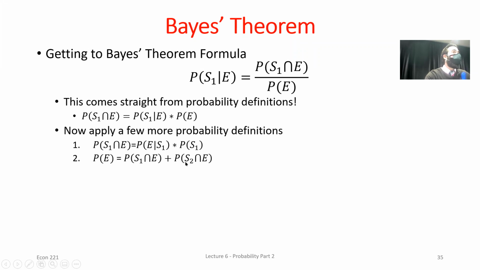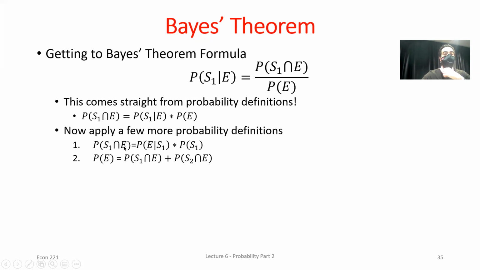Right? Those are the only possible people who come back with a positive test result. They either get a positive test result and have the disease, or they get a positive test result and don't have the disease. So, we're going to break up that probability of E into these two intersections.